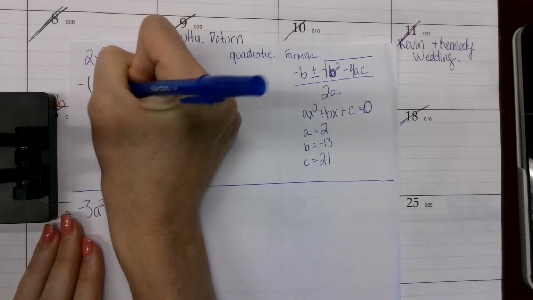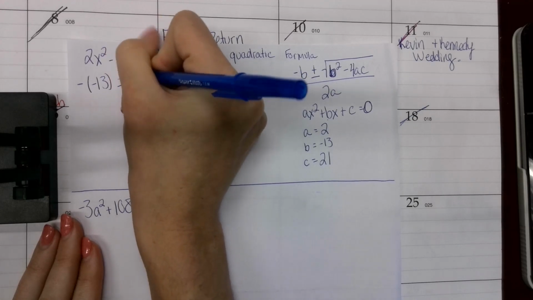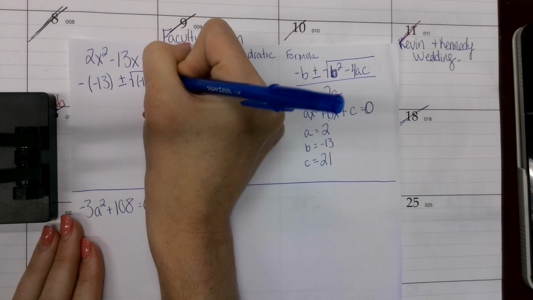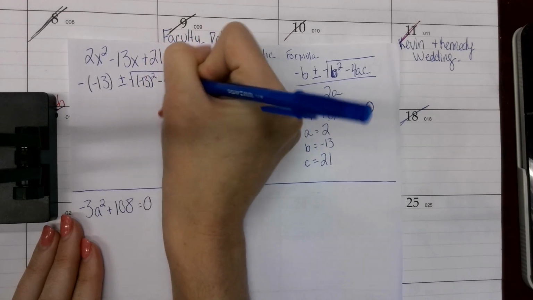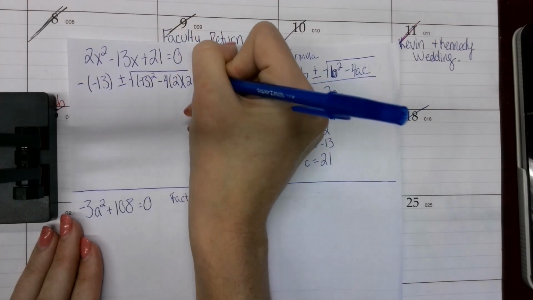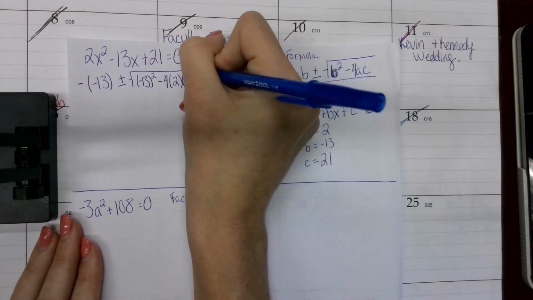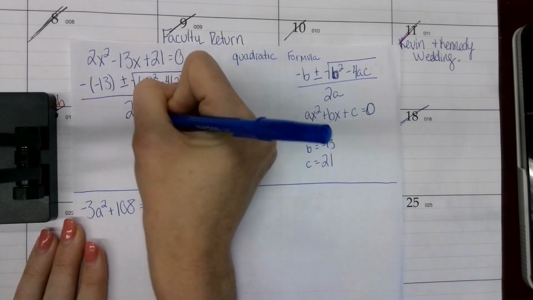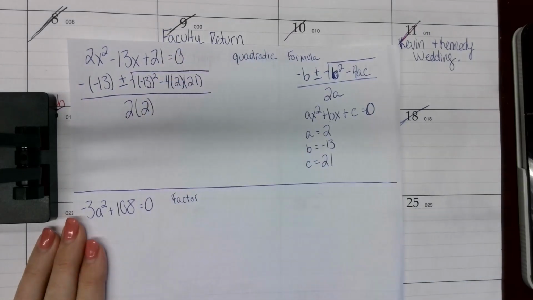Negative 13 plus or minus the square root of negative 13 squared subtract 4 times a, which is 2, times c, which is 21. They're all under that square root. All over 2 times a, which is 2.